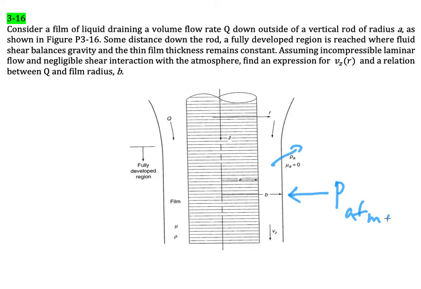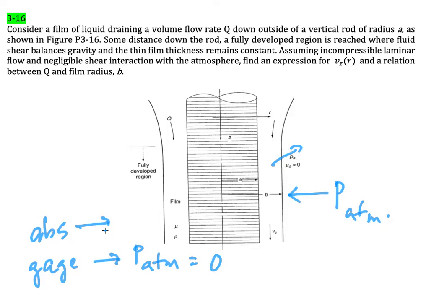In measuring pressure, we have absolute pressure and gauge pressure. With gauge pressure, we assume P atm is equal to 0. If calculating as absolute pressure, you need to take P atm as 101.3 kilopascal, at least the common value. Because it is open to atmosphere, we assume the pressure is equal to 0.